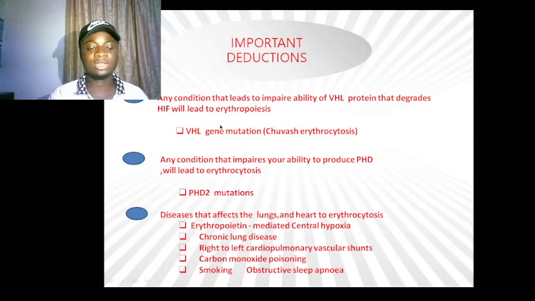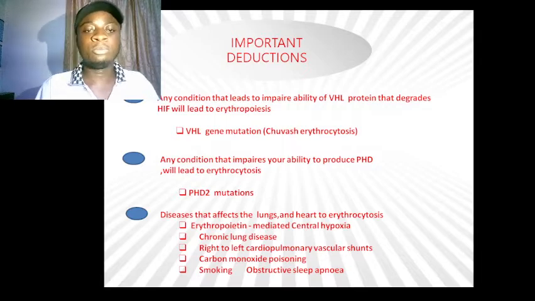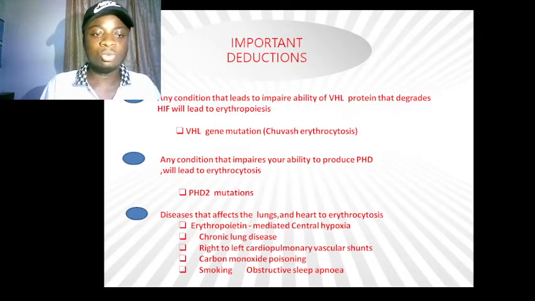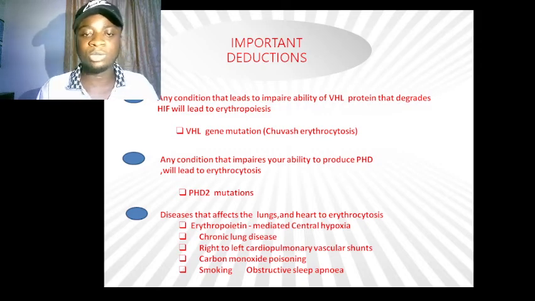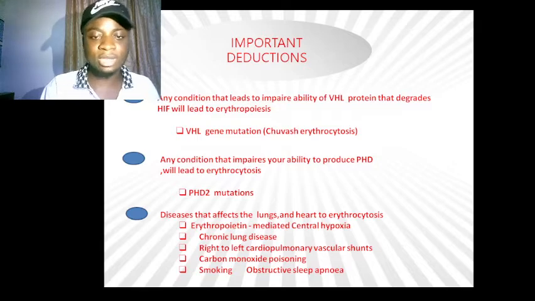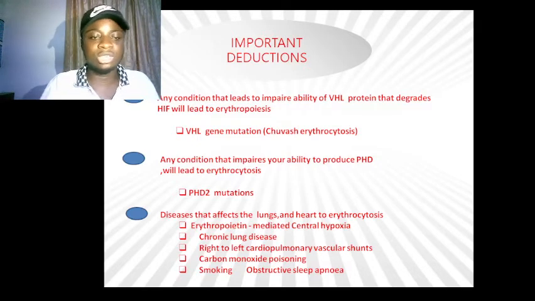Always remember that. Two, another condition that impairs your ability to produce prolyl hydroxylase domain will also lead to erythropoiesis, because if PHD ability is impaired, it means that HIF can remain in circulation all the time.